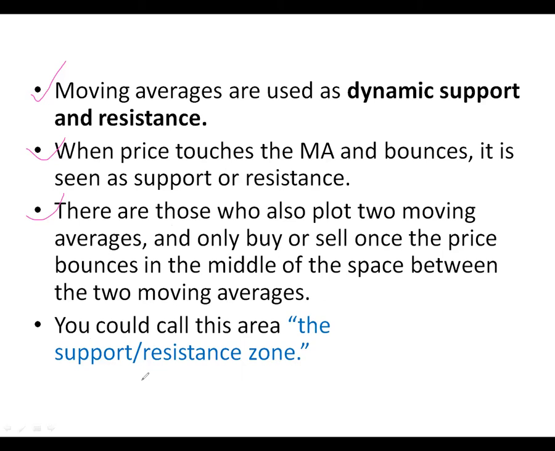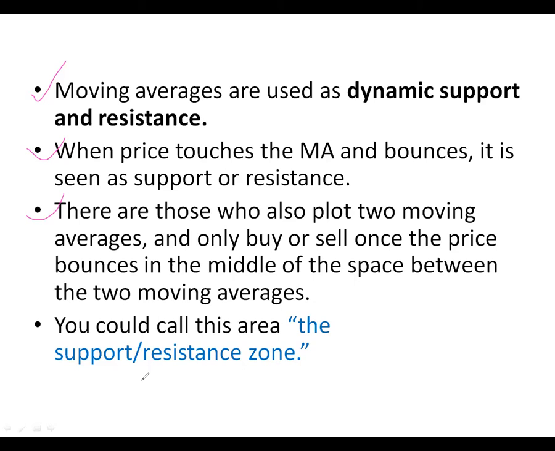So what we are trying to say here is that people use moving averages, whether exponential or simple moving average, as support and resistance. And how do they do that? When they plot these moving averages and then the price or the candles come and hit or touch those moving averages and then bounce off them, it is seen as support or resistance.